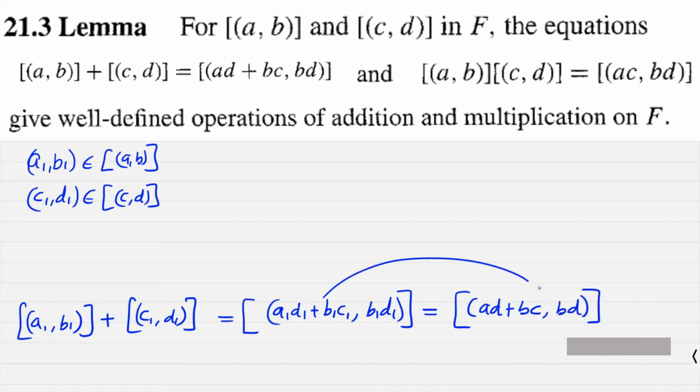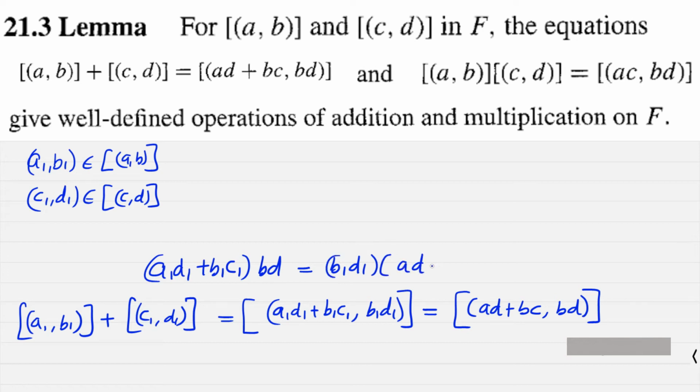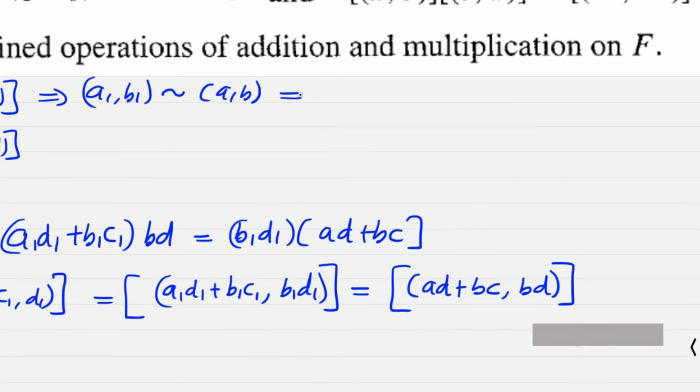In order to prove this, it is enough to show that (a1d1 + b1c1) times bd is the same as b1d1 times (ad + bc). So, since we have (a1, b1) is an element of the equivalence class of (a, b), we have (a1, b1) and (a, b) in relation tilde, which means that a1b is equal to b1a.